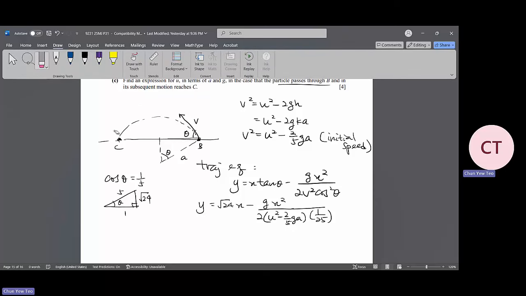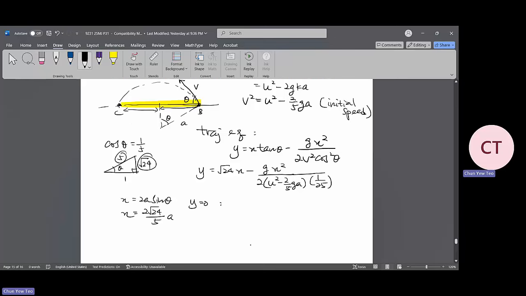My x is the distance over here, which is 2a sine theta. 2a sine theta, from the triangle here, is 2 root 24 over 5 a. Then your y is 0.